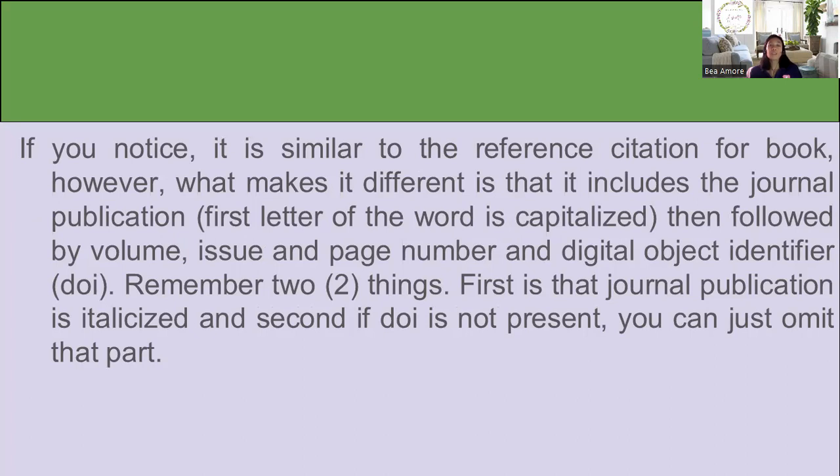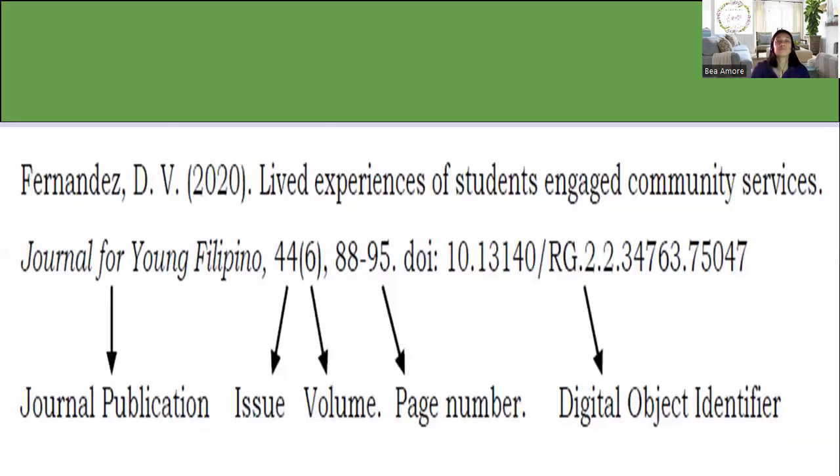However, what makes it different is that it includes the journal publication, with the first letter of each word capitalized, then followed by volume, issue, page number, and digital object identifier or DOI. Remember two things: first, the journal publication is italicized, and second, if the DOI is not present, you can just omit that part.